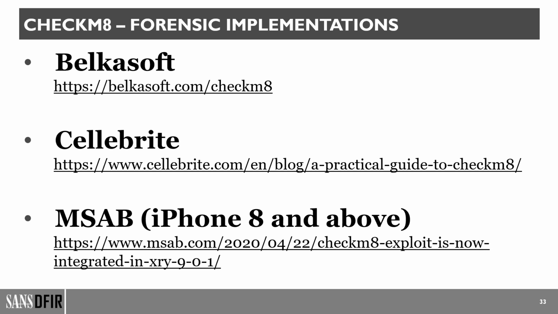So with these tools, Elcomsoft, Cellebrite, and MSAB, as far as I was able to find on the website, MSAB supports only iPhone 8 and above, while Cellebrite and Elcomsoft go from the iPhone 5S, so same support as Checkra1n. These 3 companies implemented their own implementation of the Checkm8 exploit.